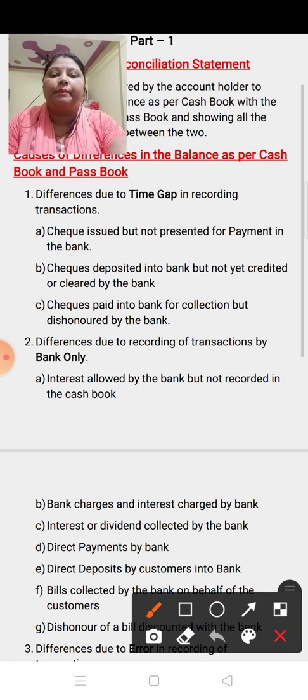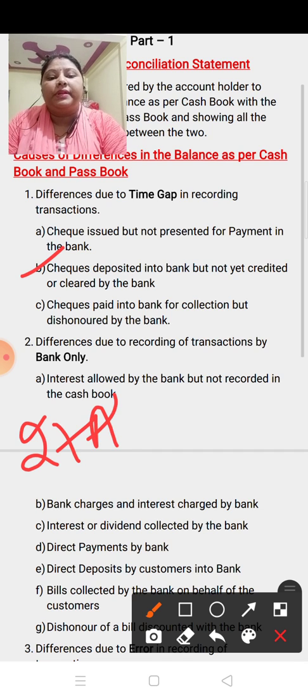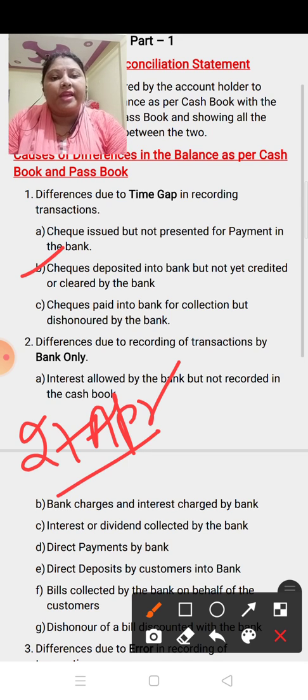The second example: check deposited into bank but not yet credited or cleared by the bank. It means we have deposited the check. Again we will take the date 27th April. We deposited the check in the bank on 27th April. It means we have added the amount in the cash book on 27th.